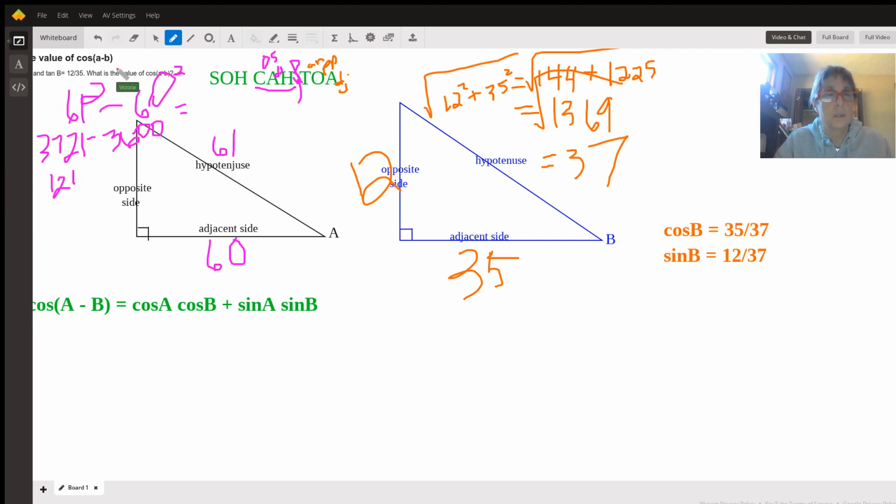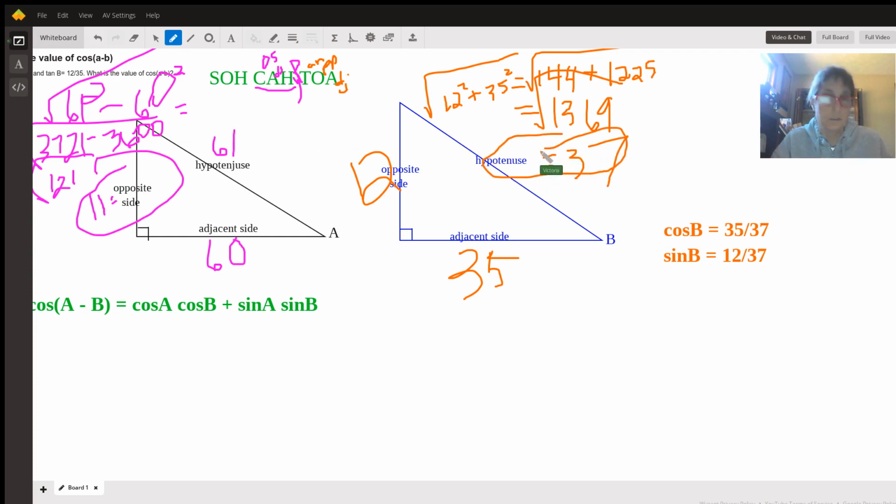And then we square root all of this and get that this is 11. That's what the opposite side here equals, just like the hypotenuse here was 37.